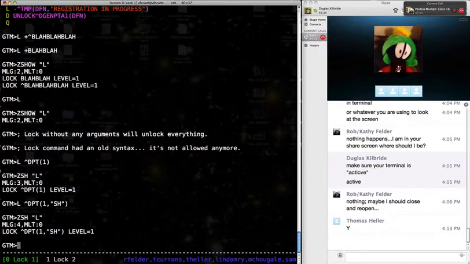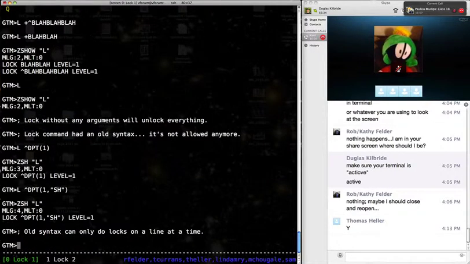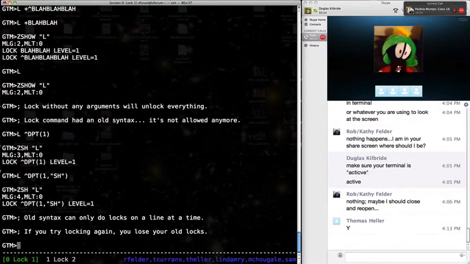So the old way of locking could only do one at a time. I'm just saying locks on a line. I'll explain to you why in a moment. If you try locking again, you lose your old locks. So that's important. That's the old syntax, and we don't tend to use it.